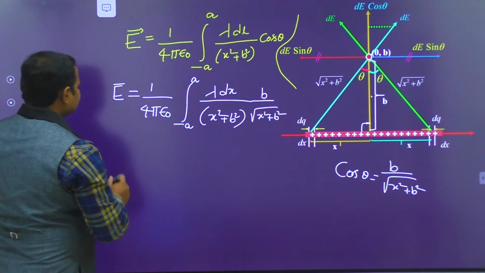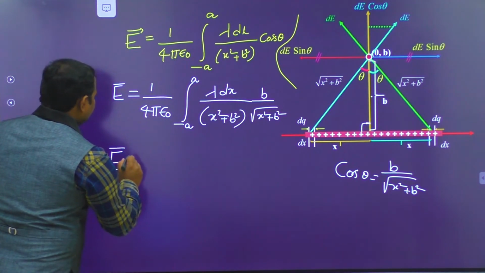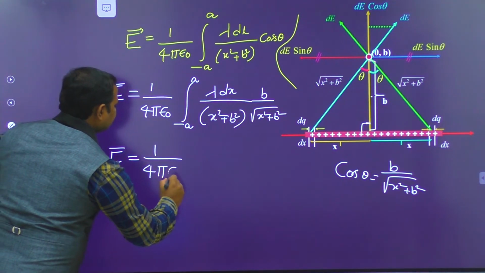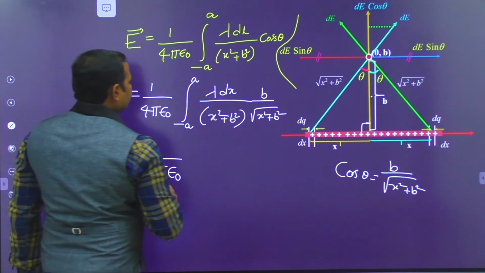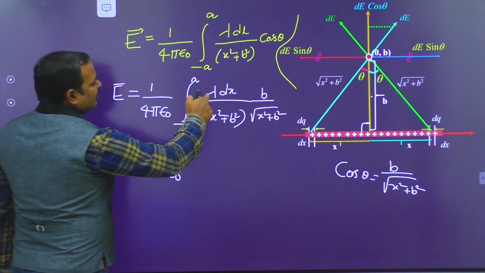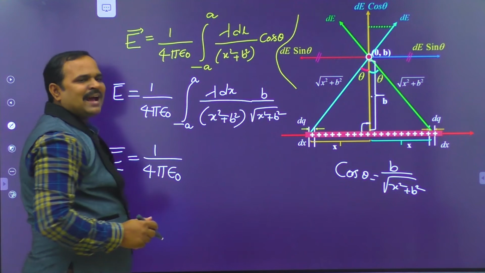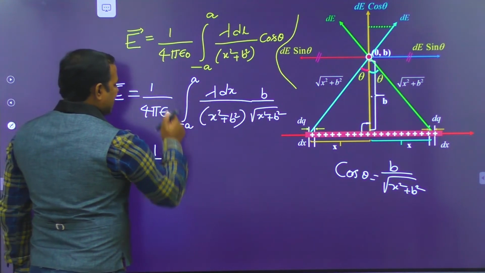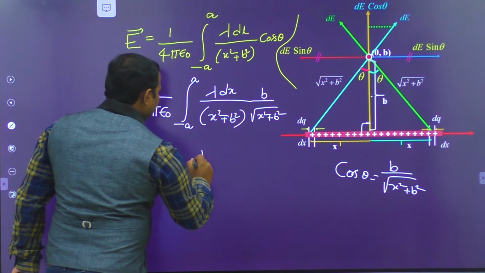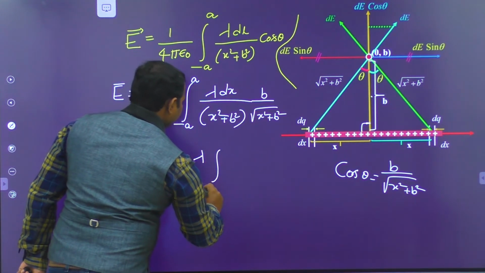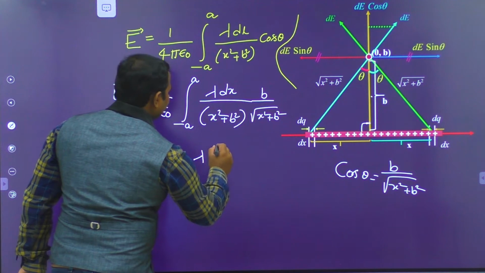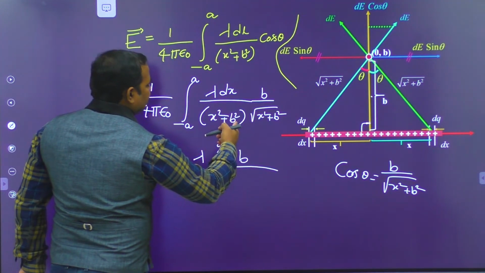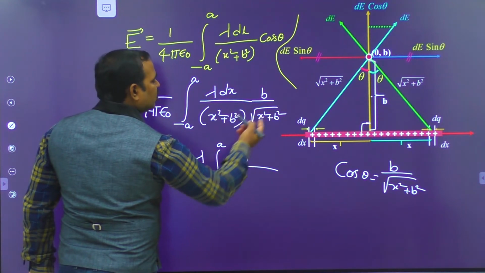Now let us simplify this. E = (1/4πε₀). Now if you see here, for a uniform charge distribution, the λ, that is the linear charge density, is constant. So let us bring this λ outside. λ into the integration from minus a to plus a of b/(x² + b²) into (x² + b²)^(1/2).